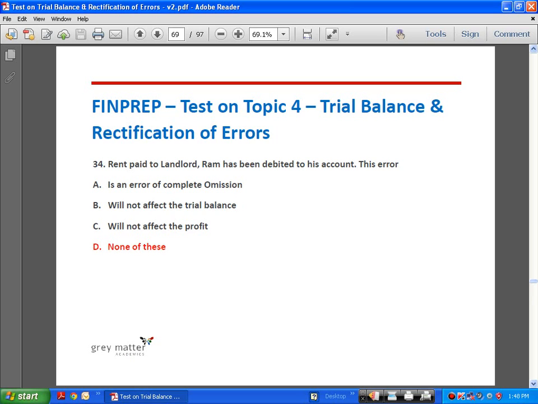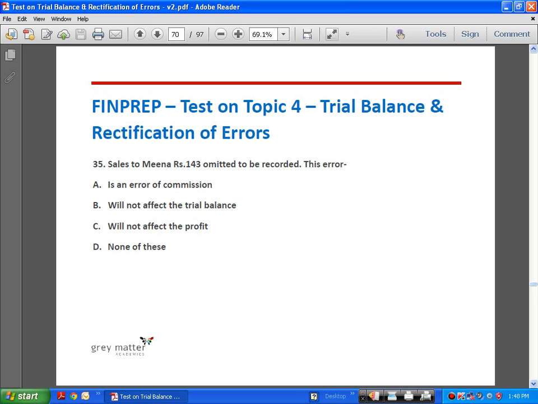Right, let's go to question number 35. Sales to Meena rupees 143 has been omitted to be recorded. Okay, so here the transaction has been omitted to be recorded in the subsidiary book itself. So the error is in the source, and hence it will not affect the trial balance.